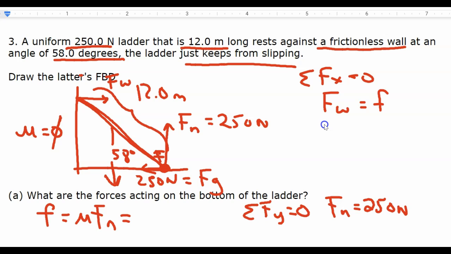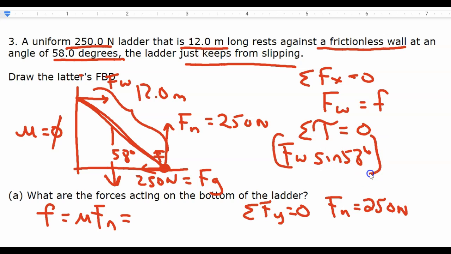Ready? So the sum of the torques equals 0, putting the pivot at the bottom. The ladder weighs 12, so it's F_W times sine of 58 degrees times the 12-meter ladder equals the other torque.